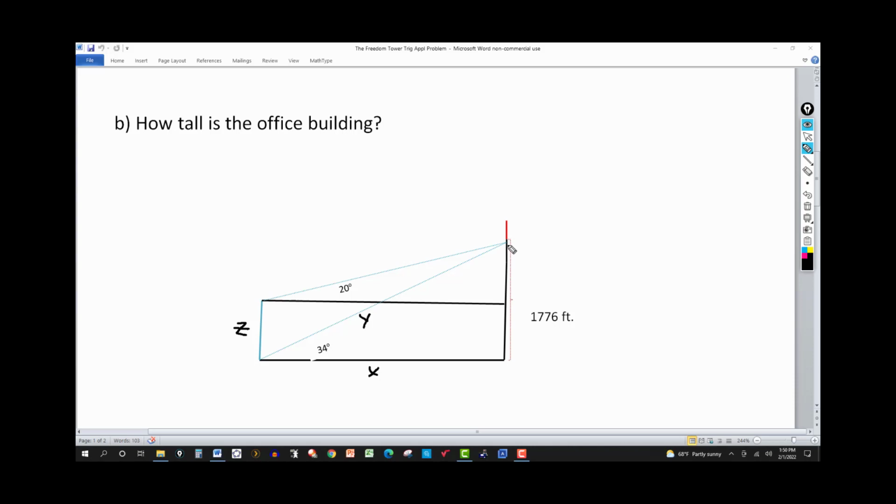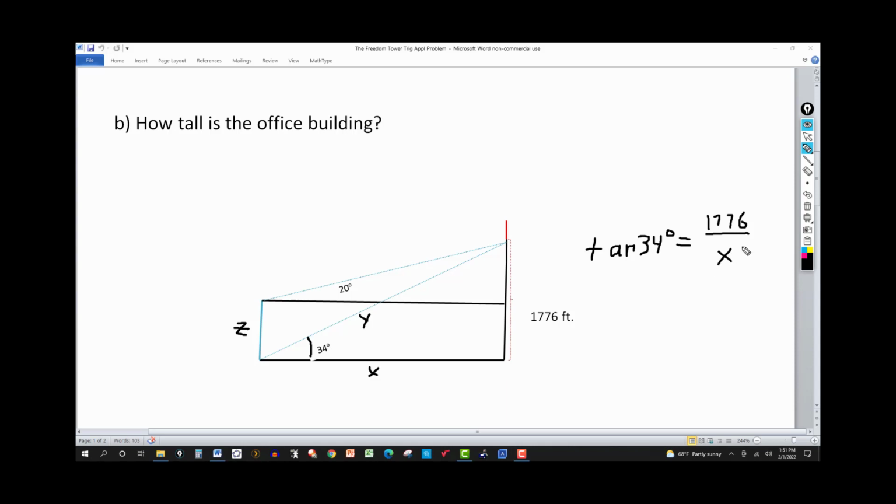So first let's find y. We have the length of the opposite side, and we need the length of this base right here. So let's use the tangent. We're looking at the right triangle right here. This angle in this triangle is 34 degrees. So the tangent of 34 degrees, since we're dealing with a right triangle, is the opposite, which is 1776, over the adjacent, so that's x.